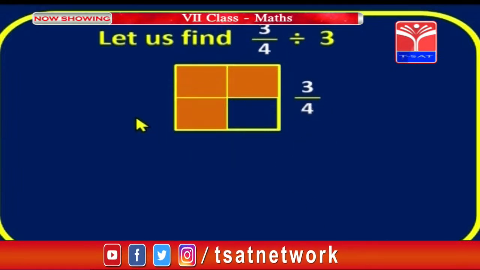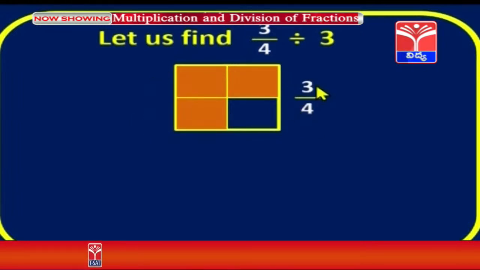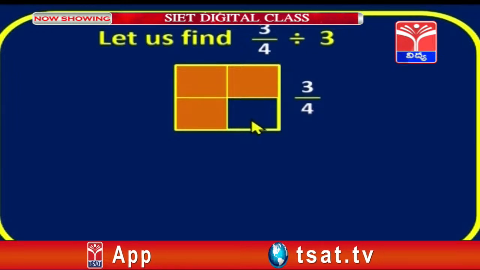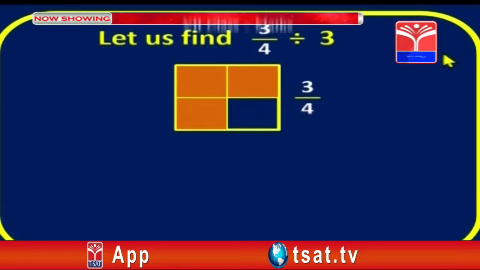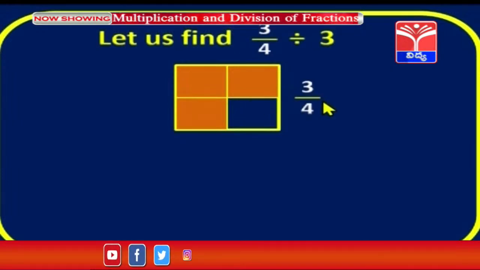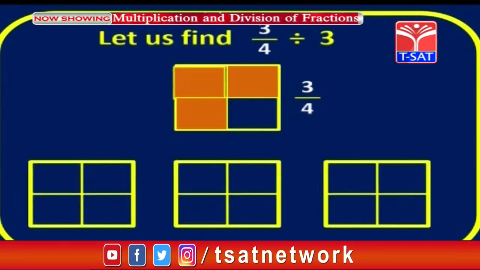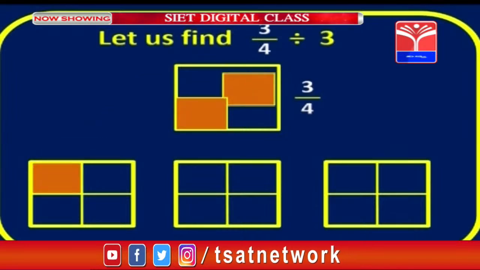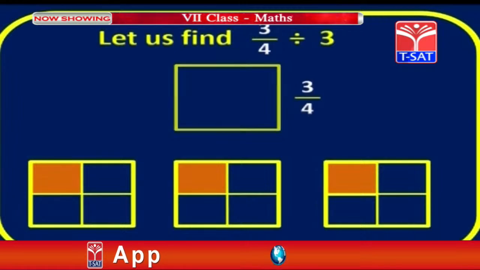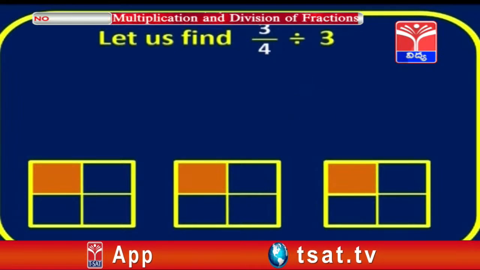Children, let us assume that this is a cake or a chocolate, which is made into 4 parts, in which one is already completed. You are remaining with 3 parts. Suppose that 3 parts are divided among 3 people, then what will you get? See, first part, second part, third part. So 3 by 4 is divided by 3, and can we call each as 1 by 4?